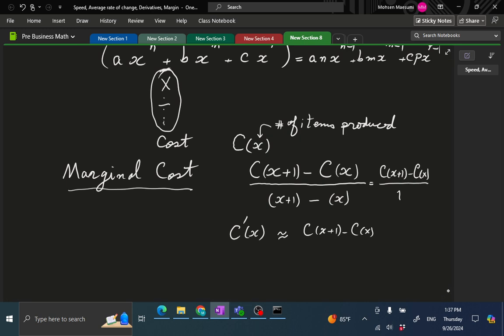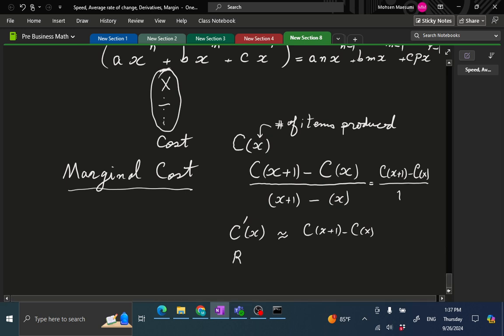In the same fashion, the marginal revenue and the marginal profit have a similar characteristic. Consider revenue from producing X items and selling them versus revenue from producing one more item. The difference between those two will be approximately equal to the derivative of the revenue function. So R prime of X is approximately R of X plus 1 minus R of X, the revenue from selling one more item.